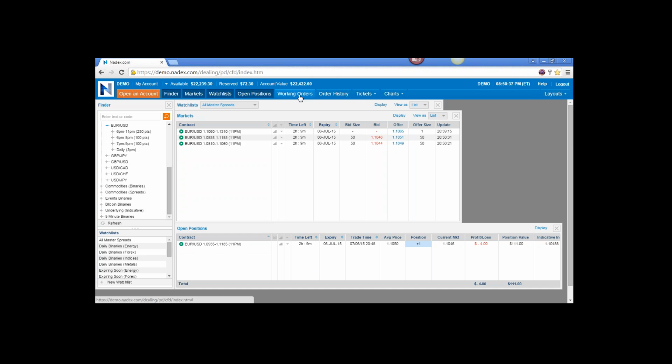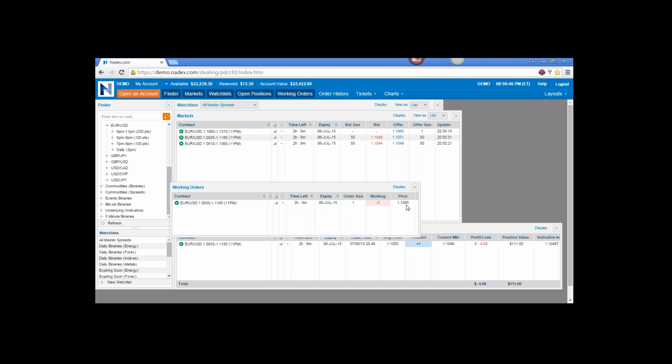Up here under working orders, there's a working order to sell at 1085. Okay, so that's how I have a take profit order. So I bought it for 1050. I've got that order in there for 1085. Or for 1080, if the market gets up there, it'll execute that order for me. Okay.